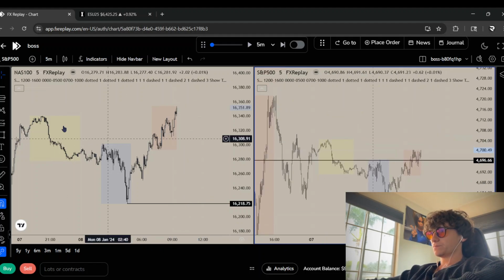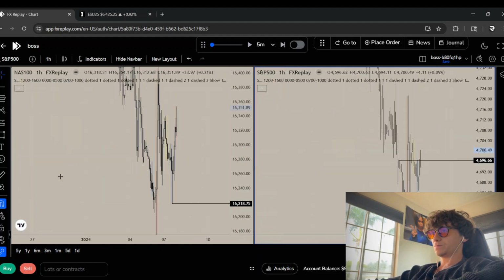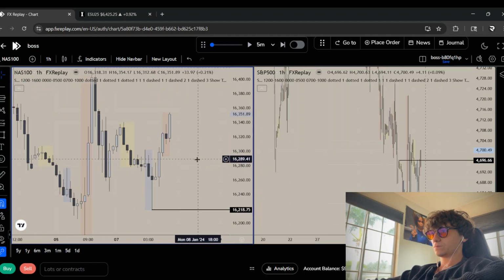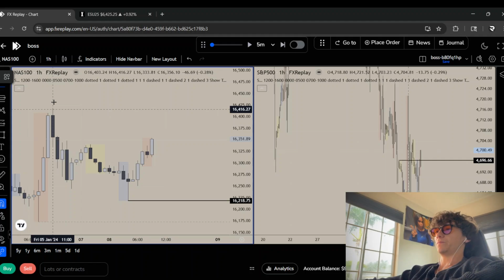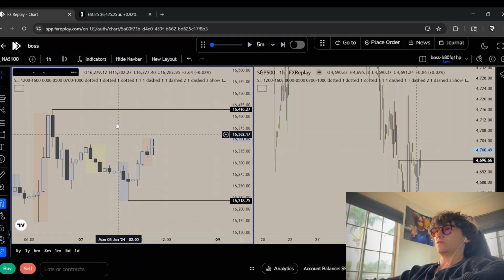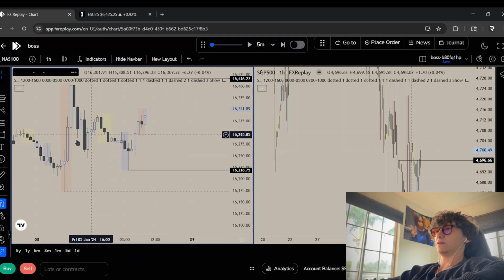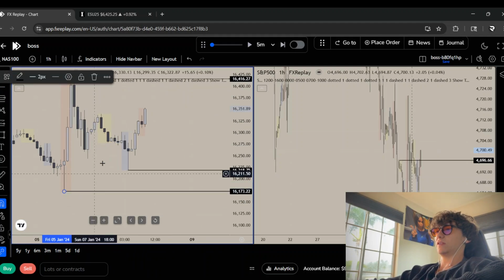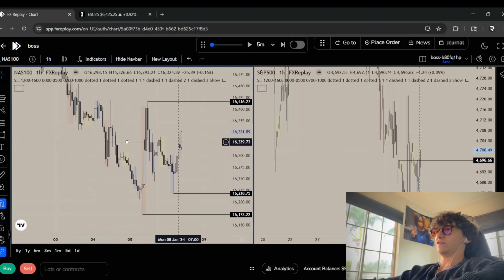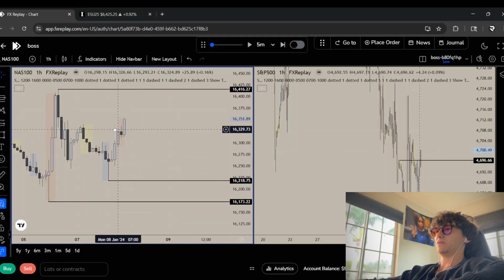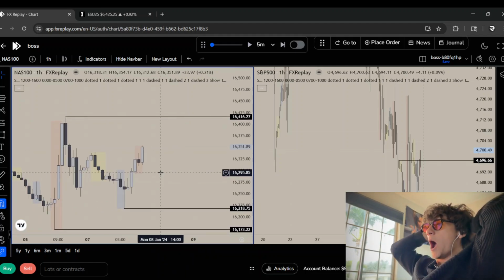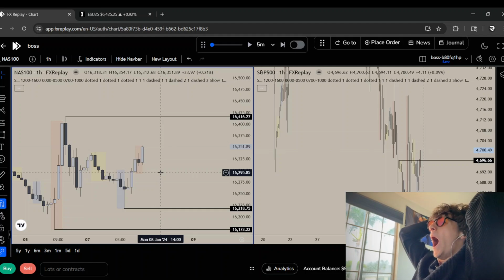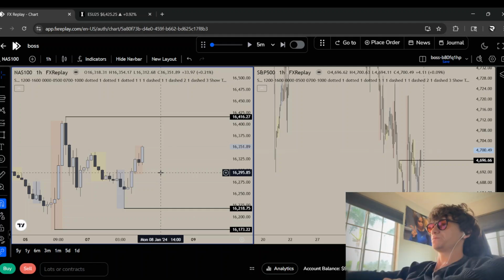Alright, so only thing that matters here, London low. I guess that's previous day high and previous day low. Okay, yeah, that's what that is. Or previous session. No, previous day. So we're in this range.